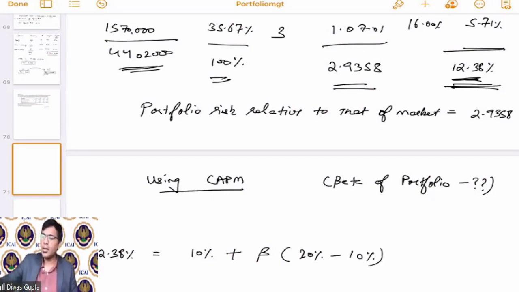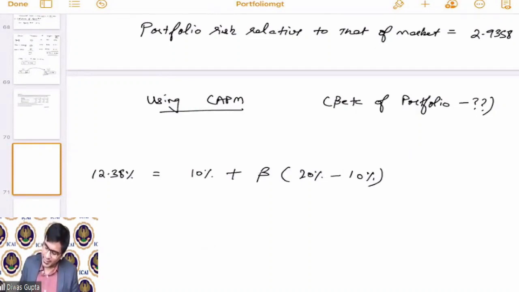Okay, students. So 12.38 is what you have to achieve. What is the right beta? Beta as per this comes out as 0.238.